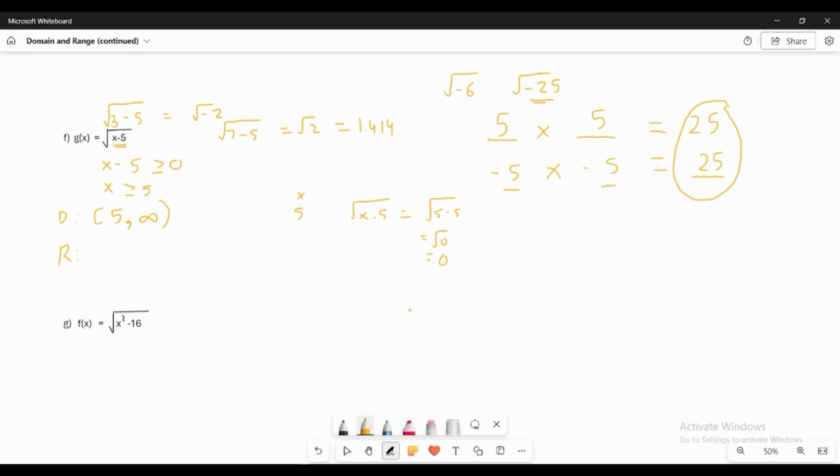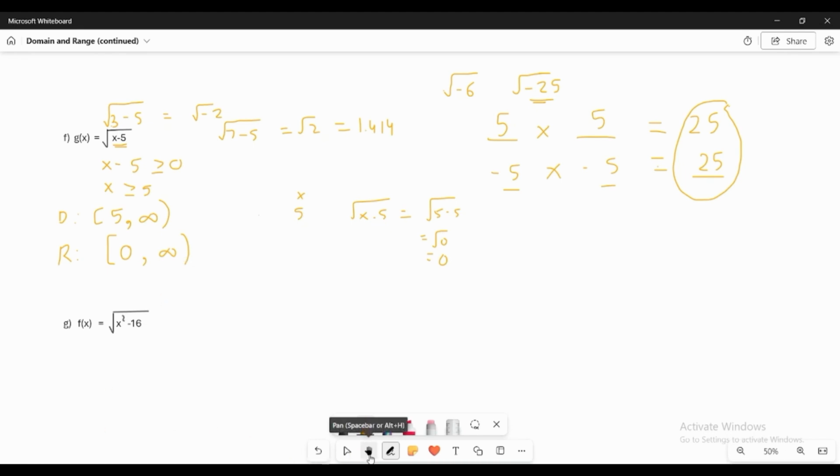That means the smallest output that you will be getting corresponding to 5 is going to be 0. And after that, you are going to take many more values of x, right? 6, 7, 8, 10, 20. You will always end up with a positive answer. That can be any positive real number. That means here your range is from 0 to infinity.